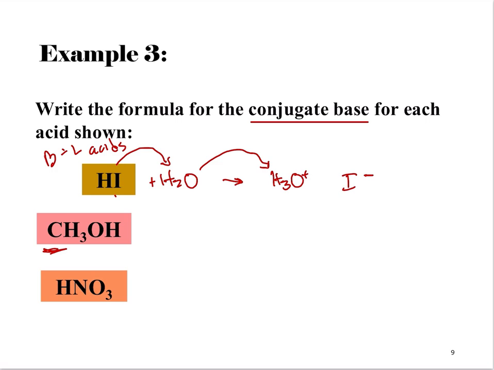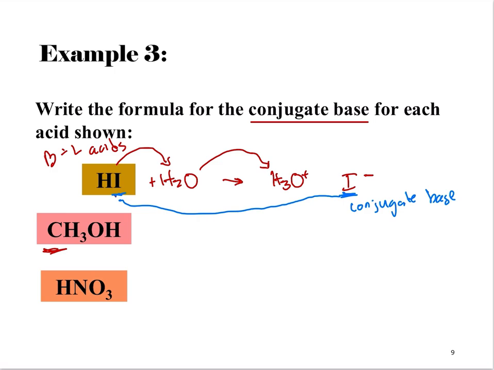And what's left over is I minus, and I minus is what in this case? The conjugate base, right? Okay, so that's what it is for the first one, hydroiodic acid.